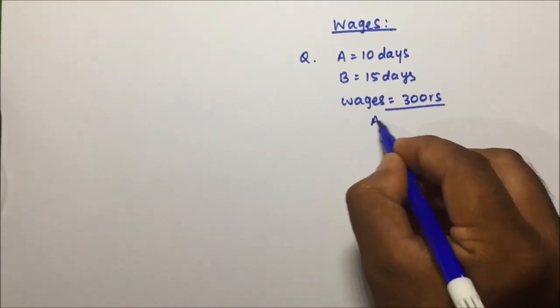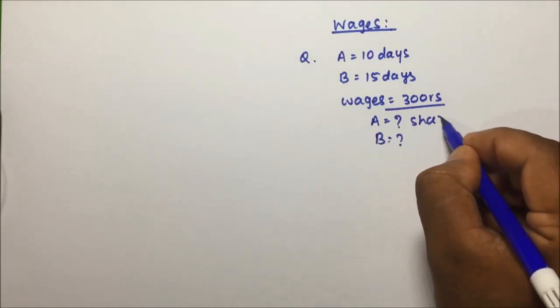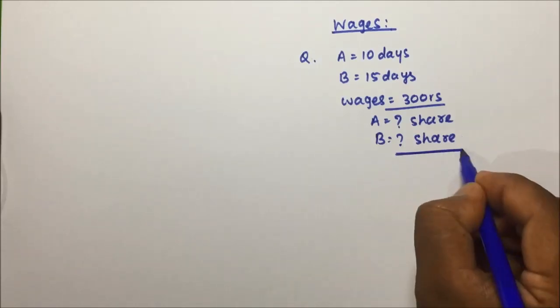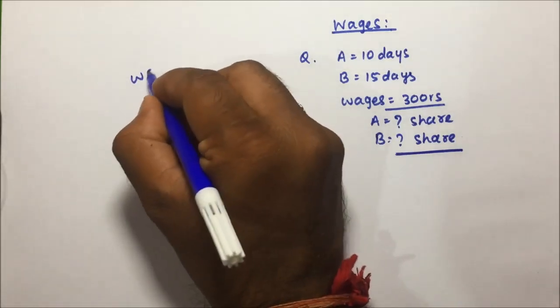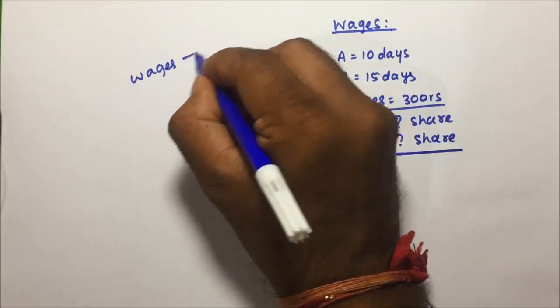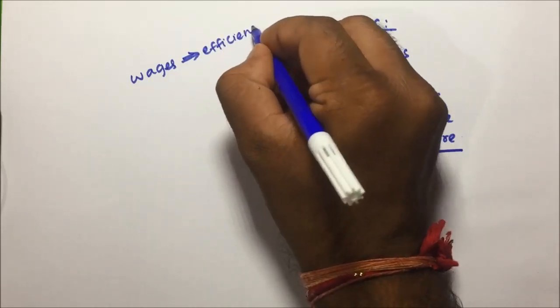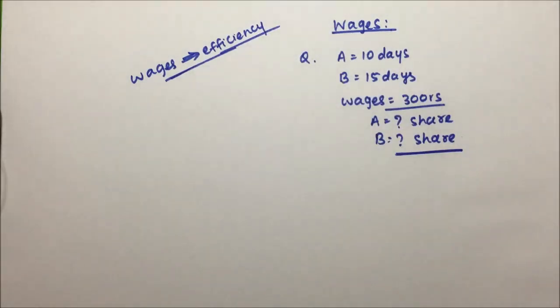Now you have to tell what is A's share and what is B's share. So how much A got and how much B got. You might get a question based on that. These things are very simple. Always remember, the wages will always be based on efficiency. The person who works more will get more wage, and the person who works less will get less wages.